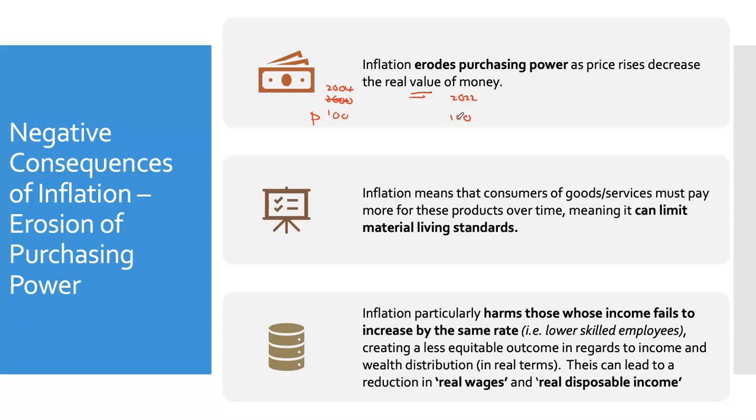And this is particularly a negative impact of inflation if people's wages stay constant. So for example, we have inflation of 3% and wages only go up by 1%. People have lost 2% value of their money. Inflation means that consumers will have less purchasing power. They must pay more for products over time.